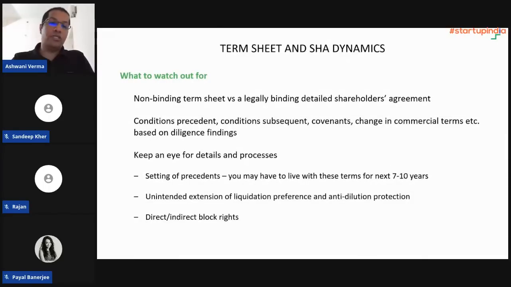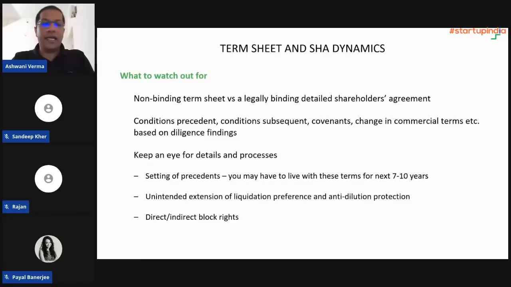Similarly, with anti-dilution protection, investors sometimes connect it to the listing of the company, that at the time of listing, whatever valuation you get, if it's lower than our investment price, then we are entitled to anti-dilution protection. That too, sometimes we have seen getting extended as full-fledged anti-dilution protection instead of broad-based.